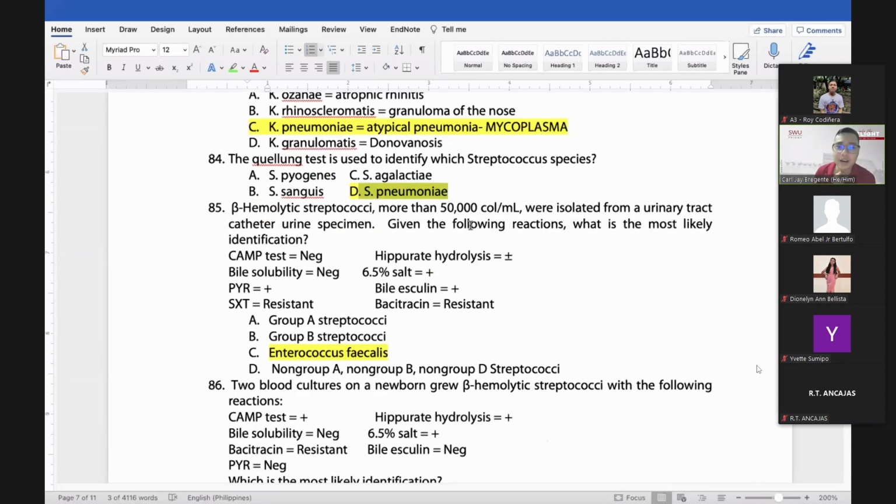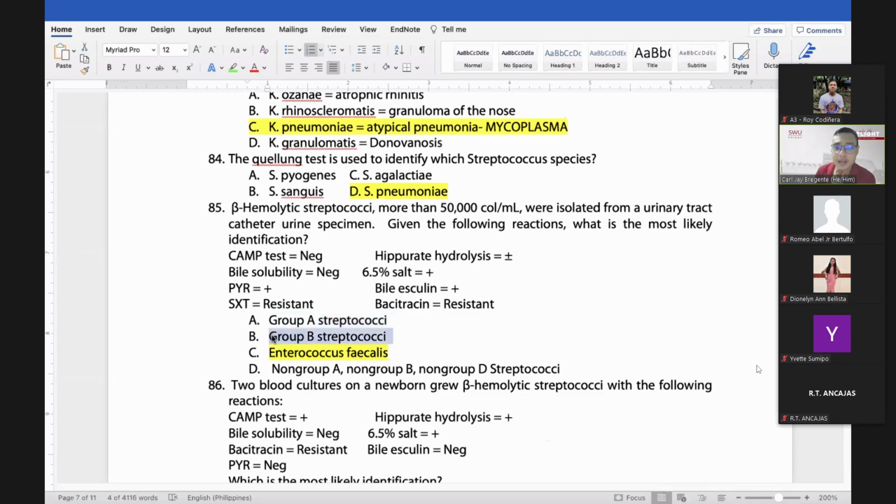Number 85, you have beta hemolytic streptococci and the following results. CAMP test negative, so you can no longer answer group A... I mean group B. What remains are group B, Enterococcus faecalis, group A and group D. Then bile solubility negative and hippurate hydrolysis positive.